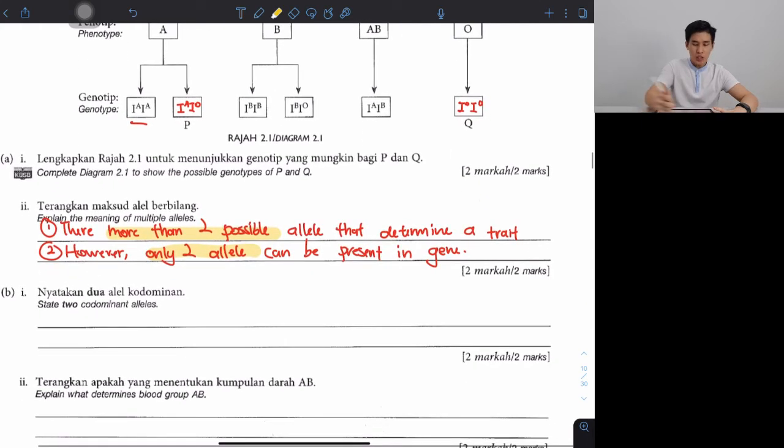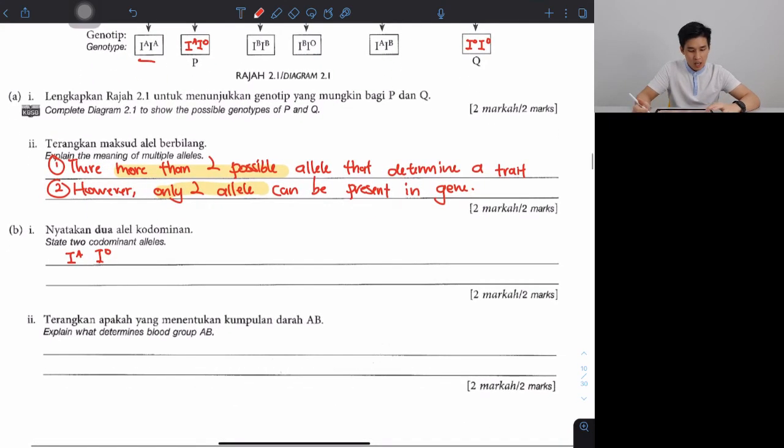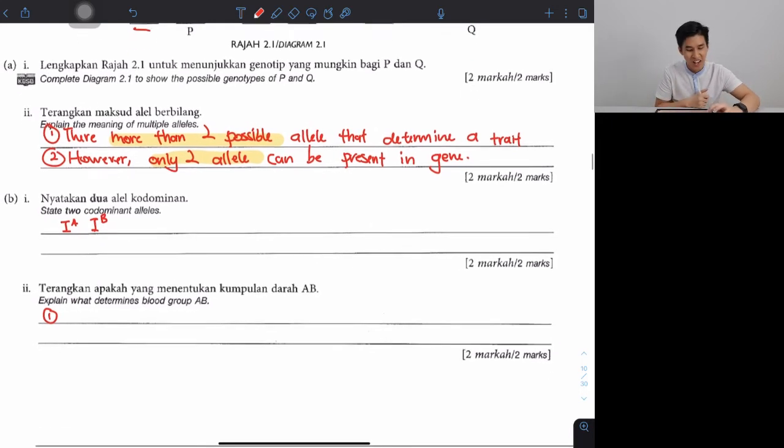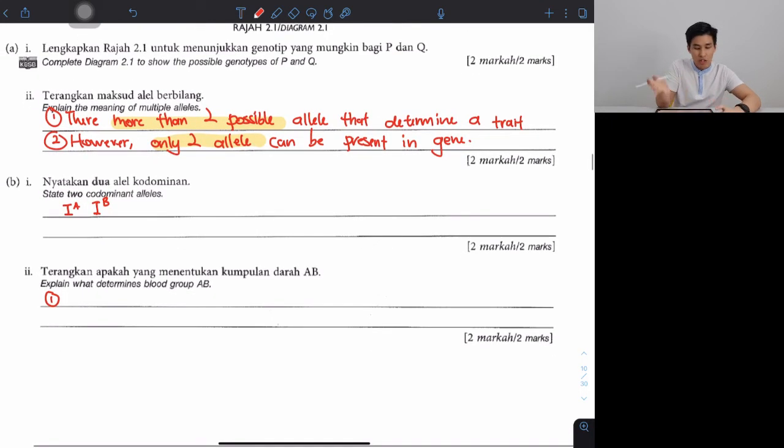Now next, state the two codominant alleles, easy: IA and IB. Next, what determines blood group AB? If a person's blood group is AB, what caused him to be AB is because he has the alleles A and B. Oops, I'm so sorry, this is B. I should have realized that. So, what determines blood group AB?